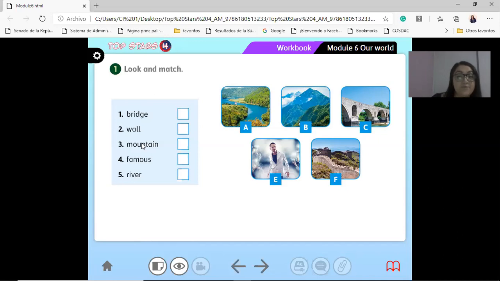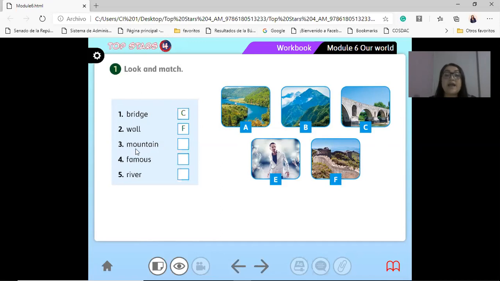We have bridge, la palabra puente is the letter C. Bridge, letter C. Okay. Number 2, wall, un muro. We have an example of a wall in the letter F, en la muralla china. Very good.